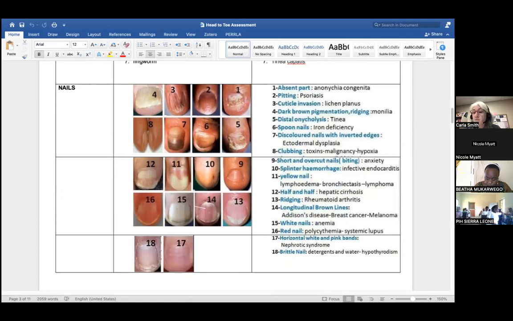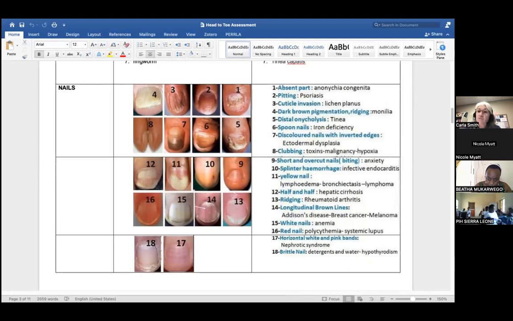If I see spooning in a patient's nails, I want to look for a laboratory result, and I want to look at their H&H level to notice if they have an iron deficiency or if they look like they may have anemia. Nails that are very white and blanching can signify anemia as well.